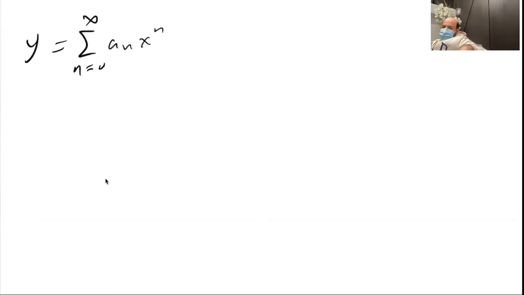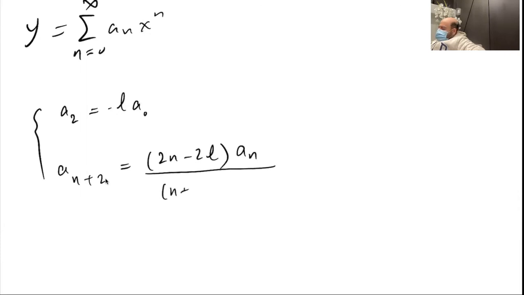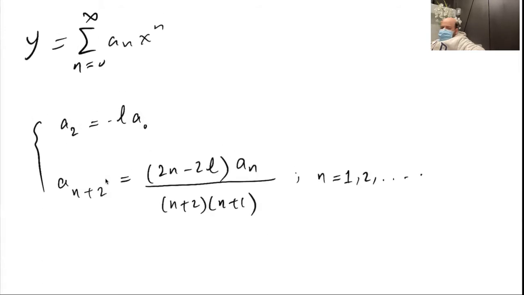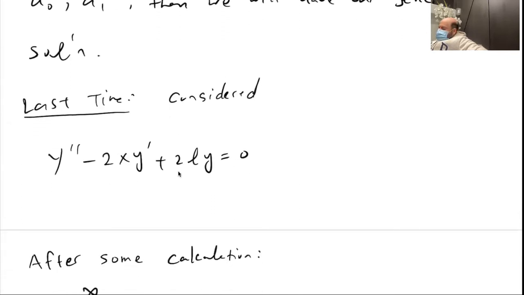We would have a2 equals minus l a0, and a n plus 2 equals (2n minus 2l) times an divided by (n plus 2) times (n plus 1), with n bigger than or equal to 1, so n equals 1, 2, all the way to infinity. And here l is a positive integer.